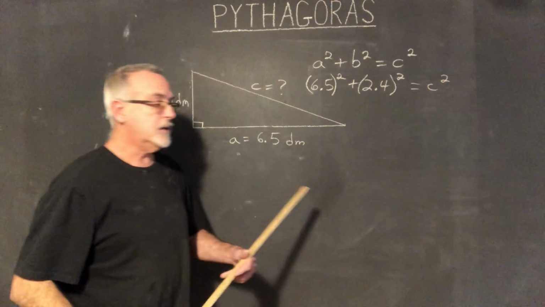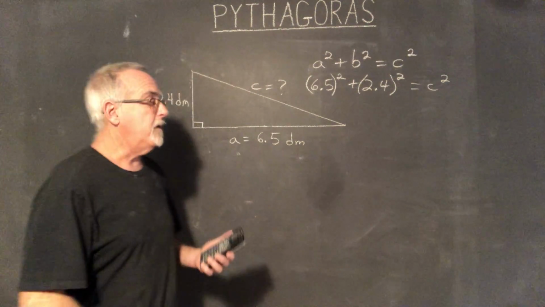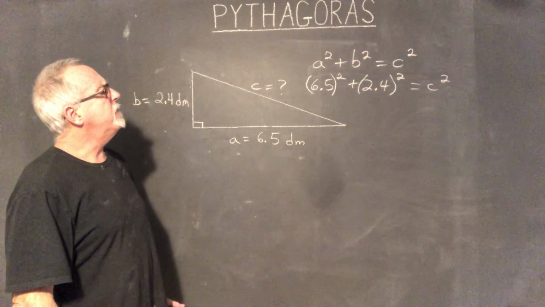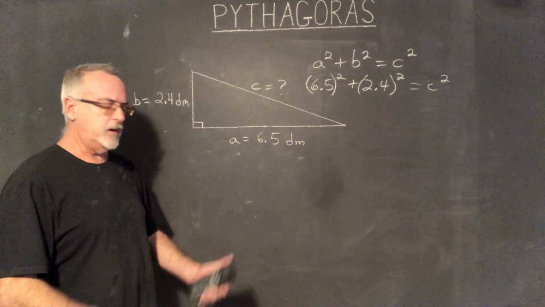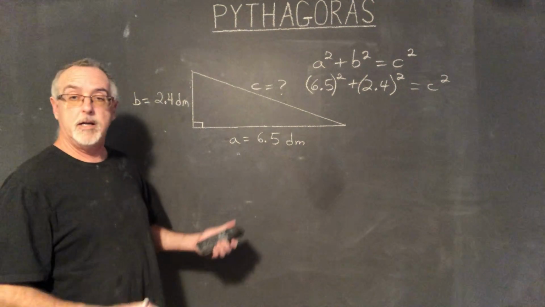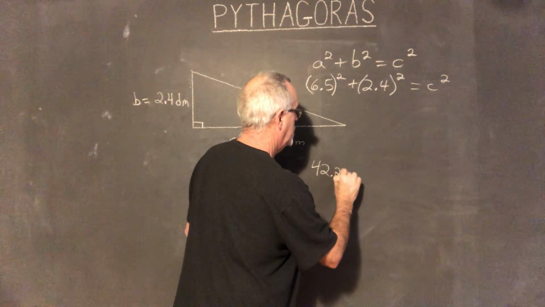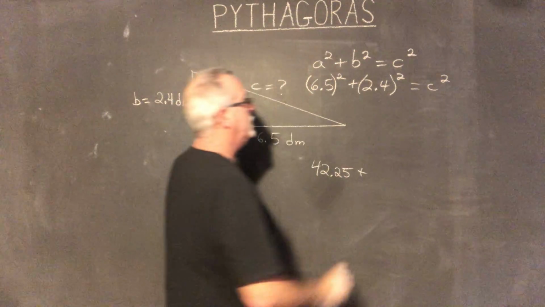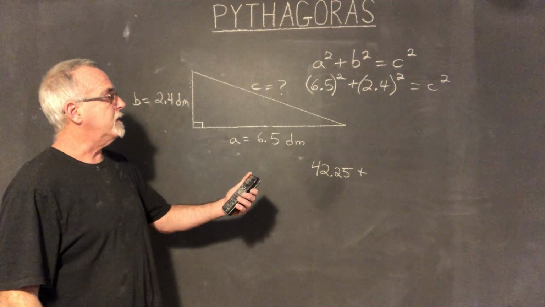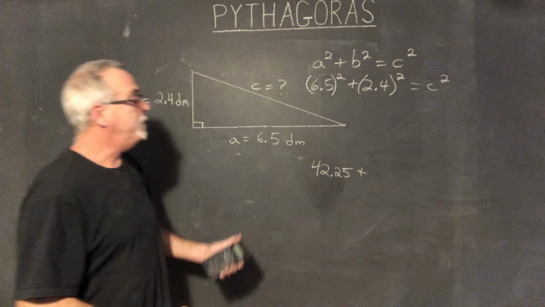Okay, so what is 6.5 squared? The math show-off in me says, of course it's going to be 42.25. 6.5 times 6.5 is 42.25. That's just one of those little multiplication tricks. And then 2.4 squared, 5.76.